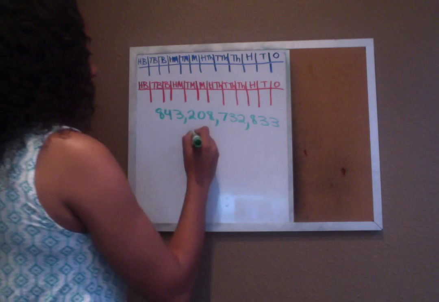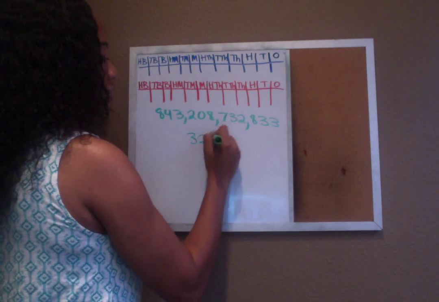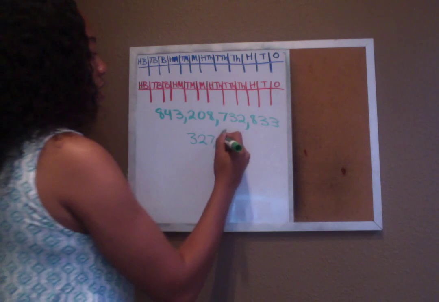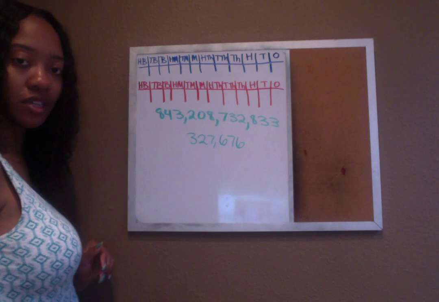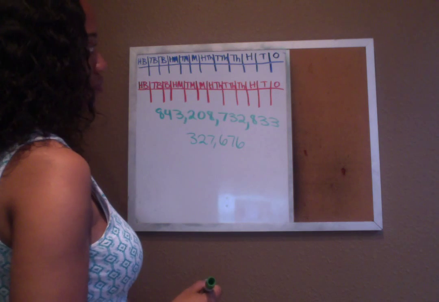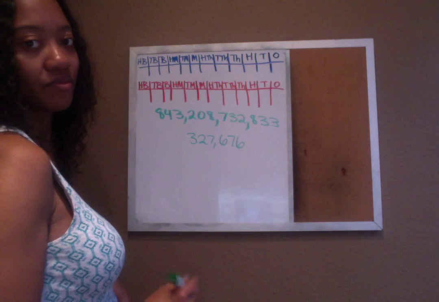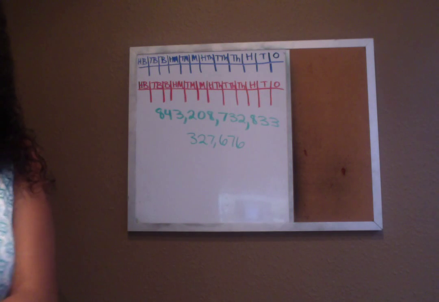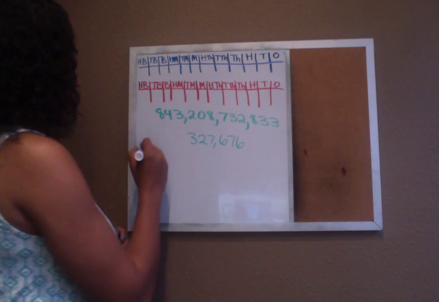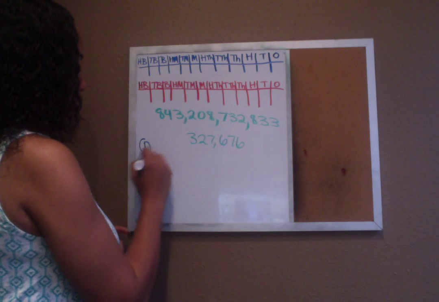Your next number, 327,676. I told you I would go easy on the second one. Again, I'll write down the task. The task is to give me three things.